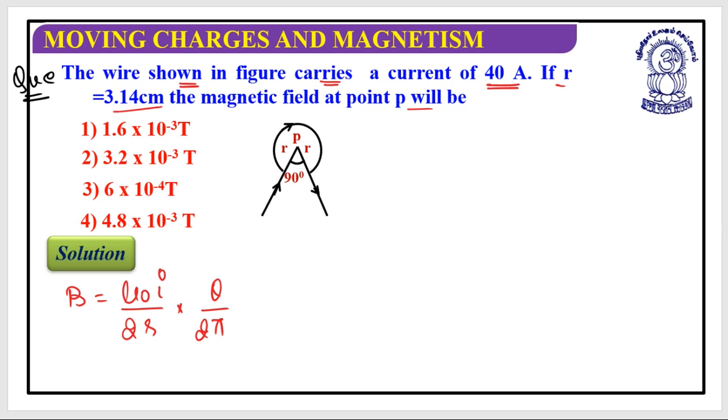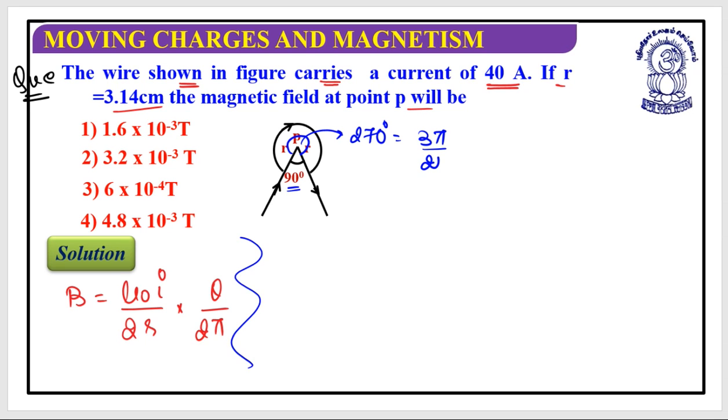Now what should be the value of theta? Is it 90 degree? No. I need to consider this angle theta because this is the wire. As I know that a complete circle is 360 degree, 90 is on this side, so 270 on the other side, which should be 3 pi by 2.